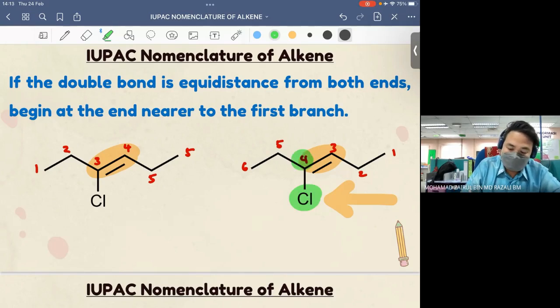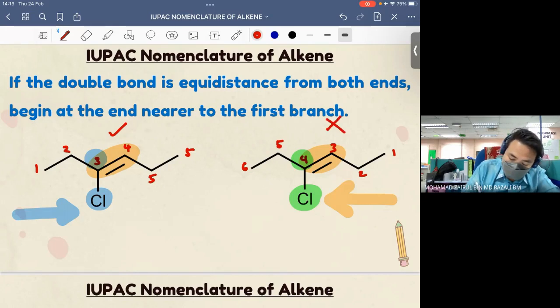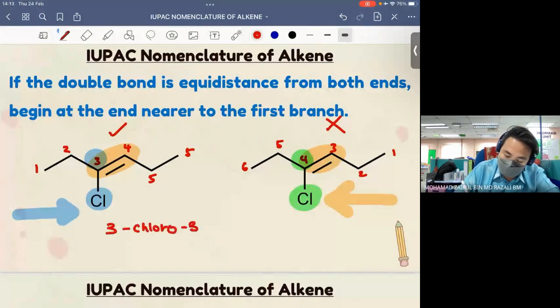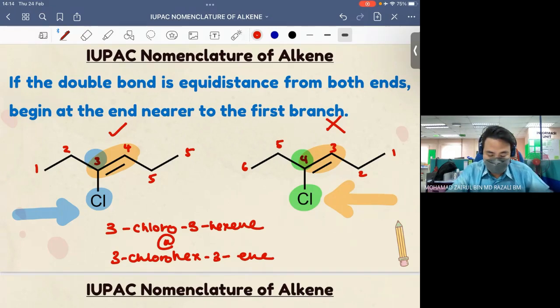If we number from the left, the first branch, which is chlorine, will be located at carbon number 3. So we will choose the one where the substituent has the lowest numbering. So this one, not this one. So the name is going to be 3-chloro-3-hexene. Or you can write it as 3-chlorohex-3-ene. That is also correct. That is if you count from one direction and get the same number.